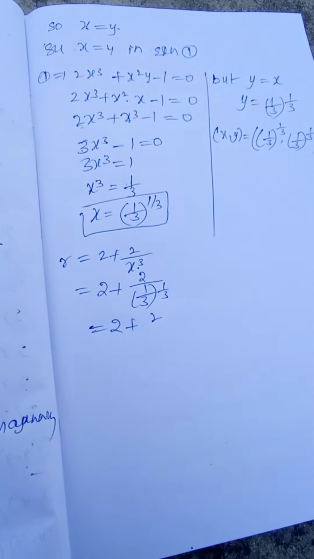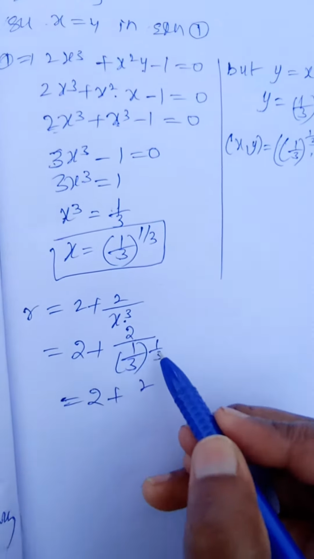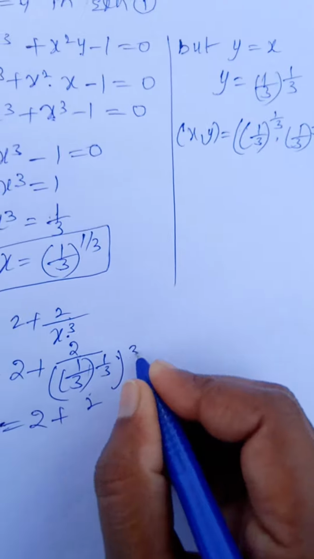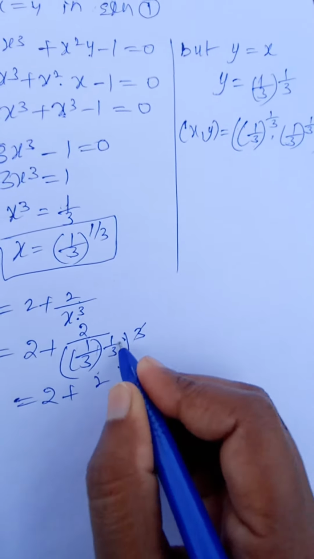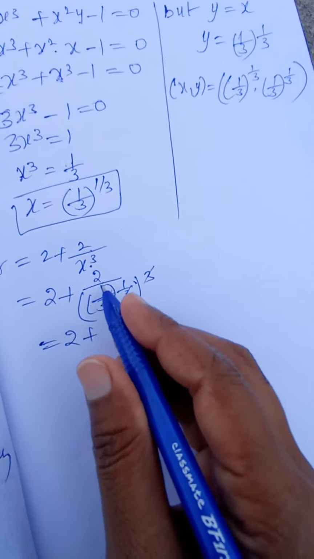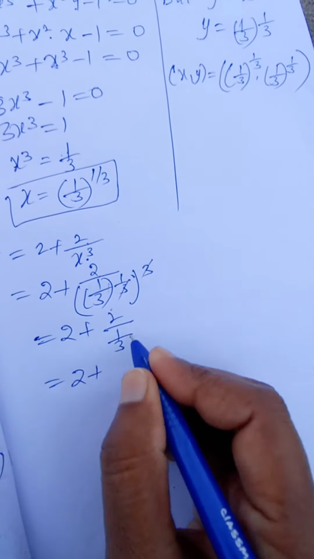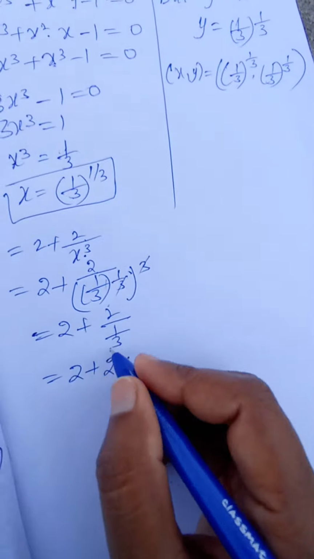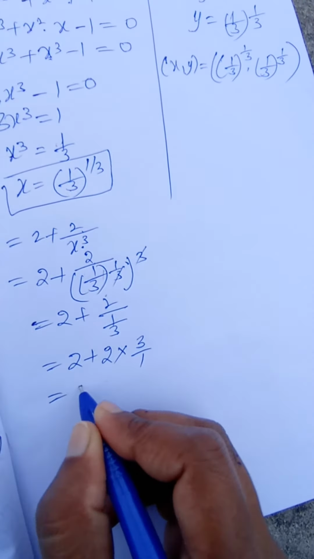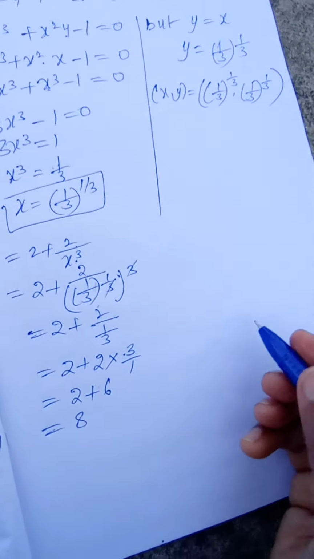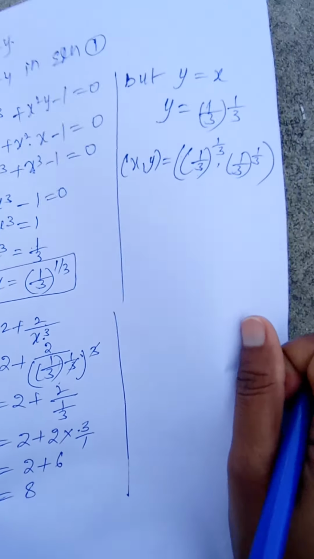Reciprocal is 1/3. x is (1/3)^(1/3) and cube. This is whole cube, so here this cube is cancelled. So we get 2 into 1/3. 2 plus, this is one fraction, this is another fraction, so reverse, 3/1. 2 plus 2 into 3 is 6. So we get 8.